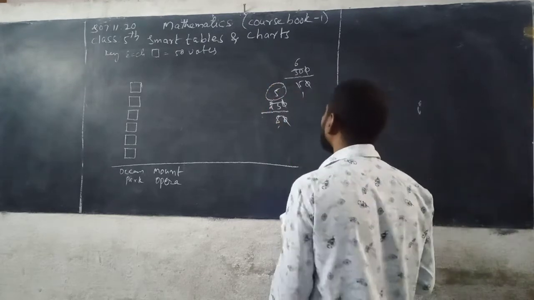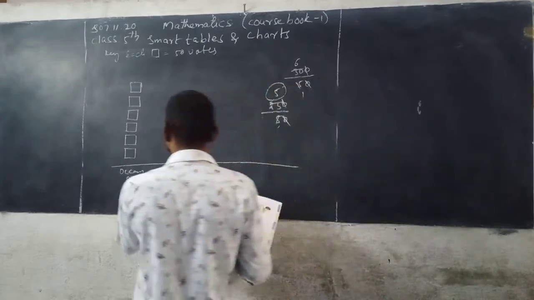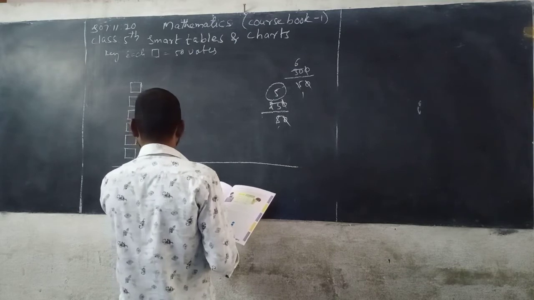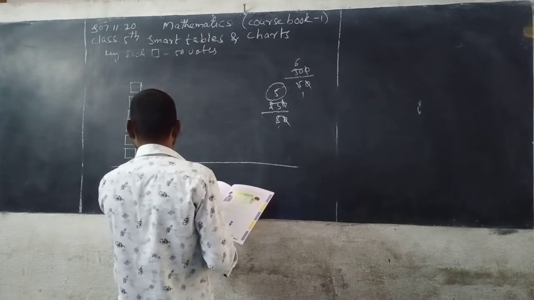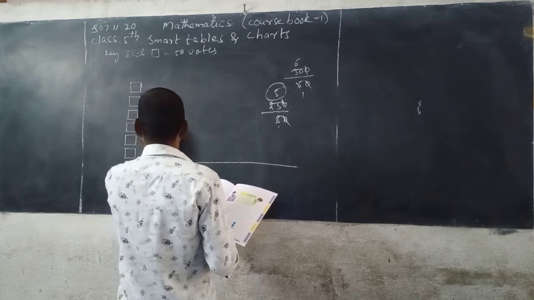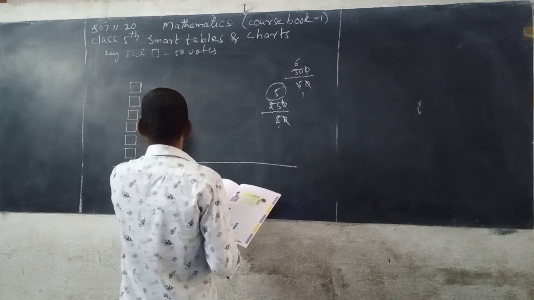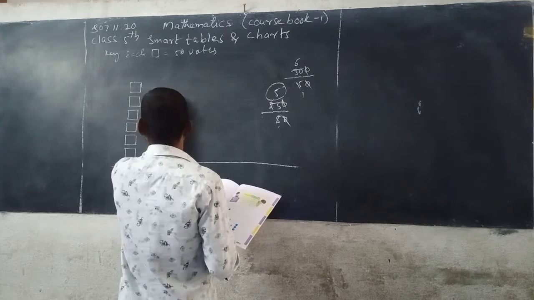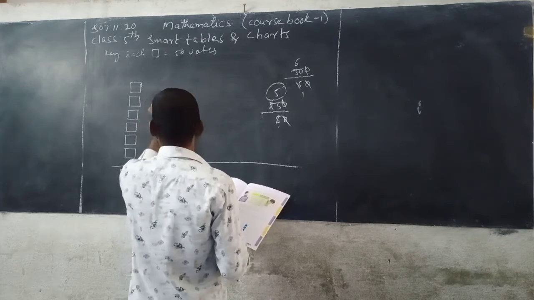So you can draw 5 square boxes. One, two, three, four, 5.